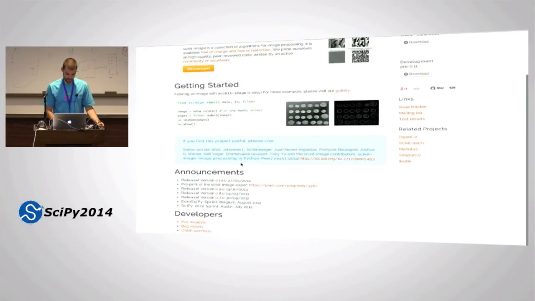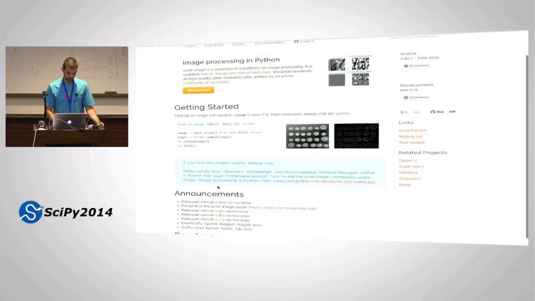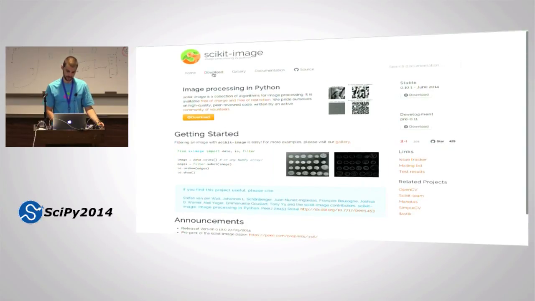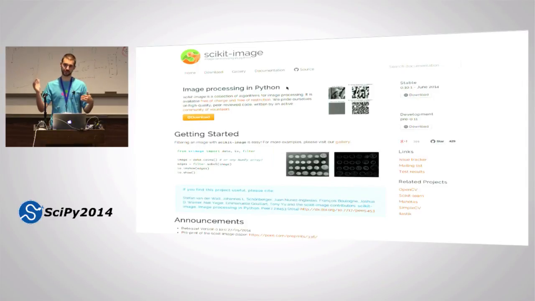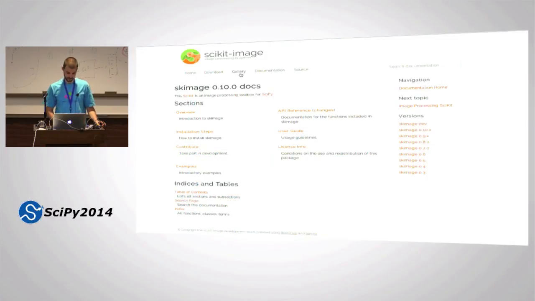So if you go to the website, you've got the API, the documentation, which includes all of the functions, including a big list of all the functions. That's usually where I go if I'm wondering if I can do something within scikit-image or what exactly is the syntax that I'm looking for. And we also have a gallery with lots of examples showing you how to do all sorts of stuff.